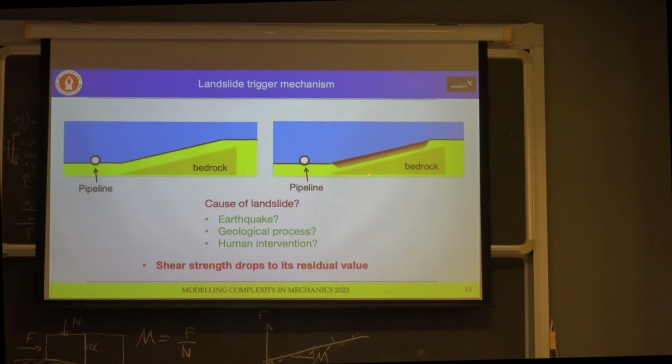So what happens actually? There is some region below the slide where the shear strength, due to some process which we don't discuss, it can be some geochemical, I don't know, but as a result of the earthquake, some layer may become soft, and then the shear strength there drops to its residual value. And so this body of soil, the slope, may become unstable in this case, and then it may slide down and impact the pipeline.